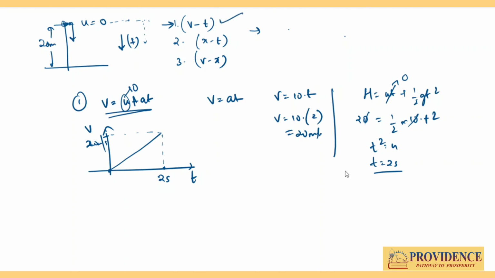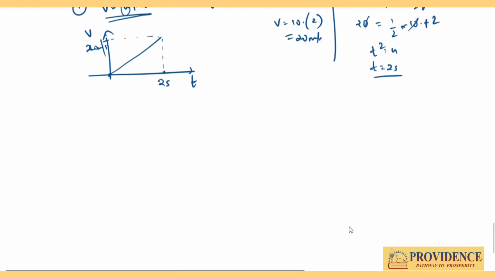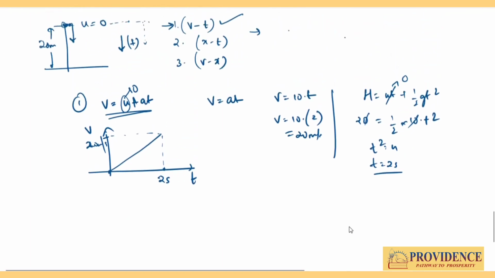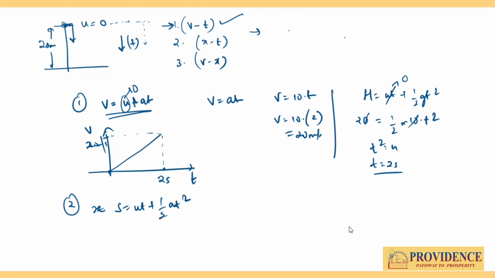Next, displacement versus time graph. The equation that we are going to use is x equals, that means simply s is equal to ut plus half at square.